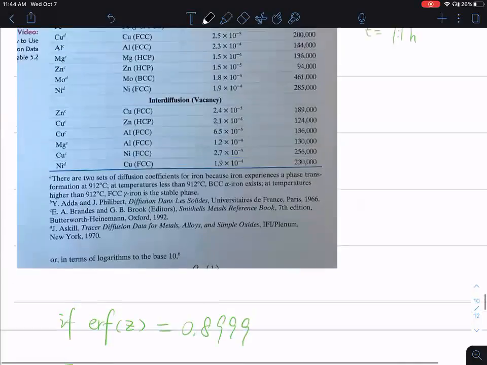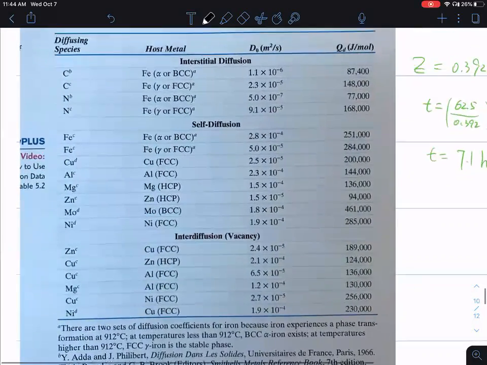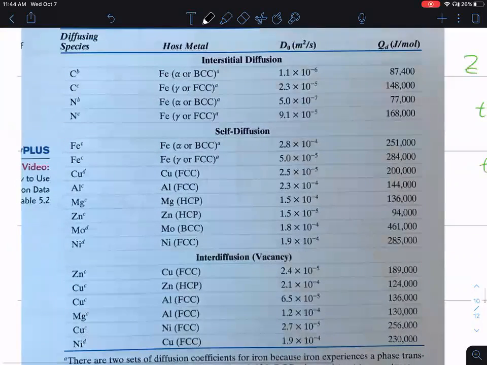But now I want to show you this table. This is a table in your textbook as well. You can find that. This table shows different diffusion coefficients for different materials and different types of diffusion. First, I want you to look at the top. We have interstitial diffusion.